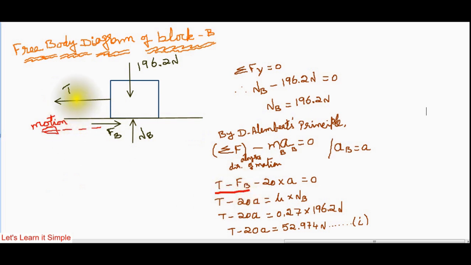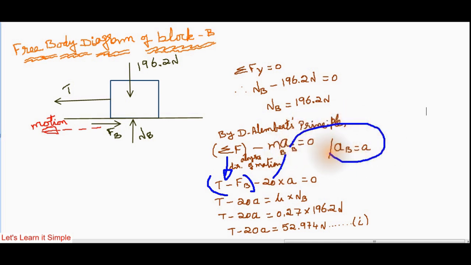So T is positive here and FB is taken as negative here. So this T minus FB is the summation of the force along the direction of motion minus m_B a_B, because we are going to consider the second mass. Therefore, m_B a_B. So mass of B is 20 kg and a_B is a.